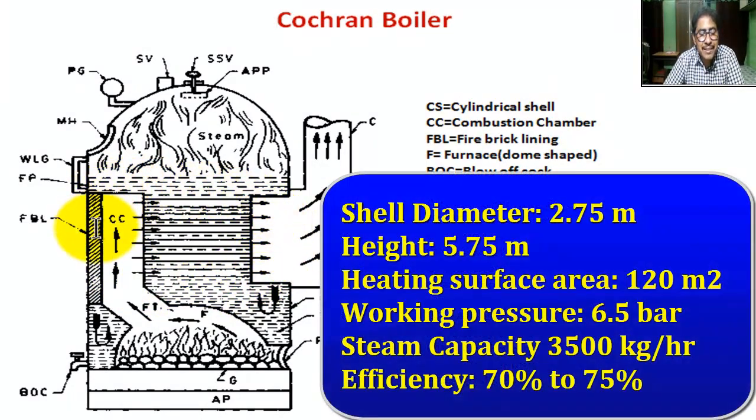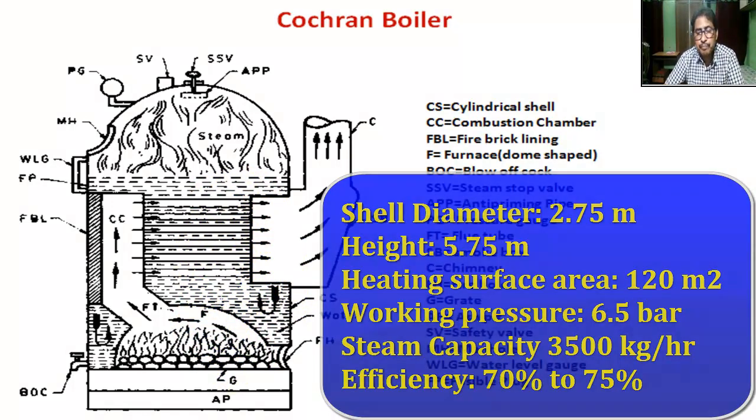Shell diameter equal to 2.75 meter, height of the boiler 5.75 meter, total heating surface area 120 meter square, working pressure of the boiler 6.5 bar, steam capacity of the boiler 3500 kg per hour, efficiency of the boiler 70 to 75%.